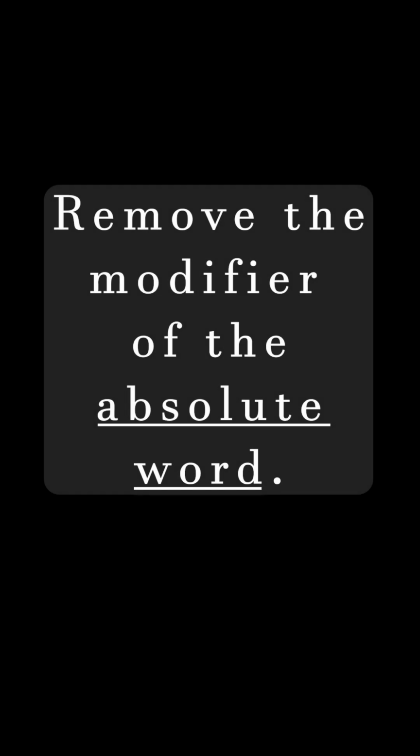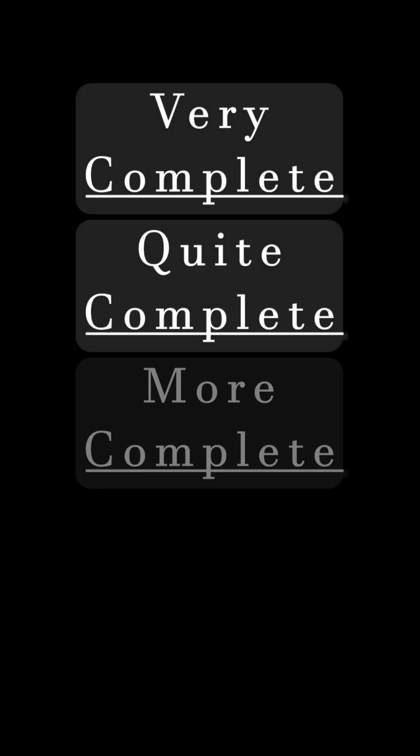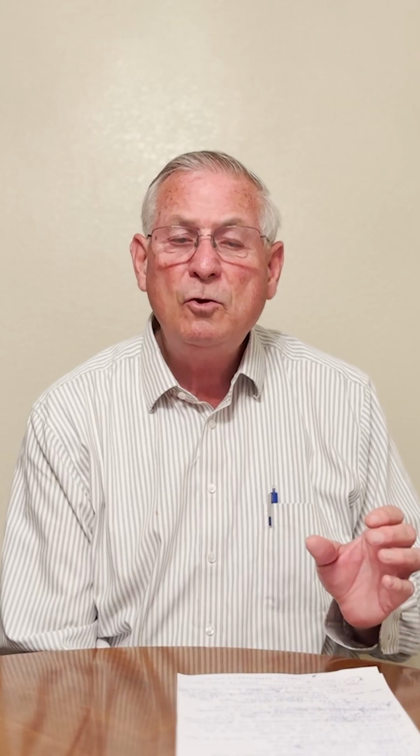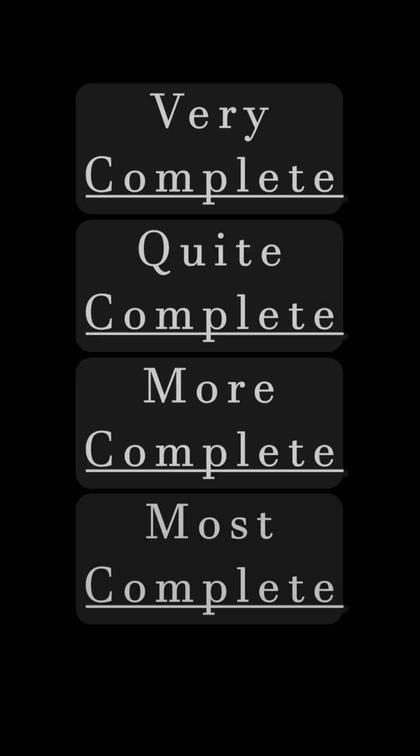You can remove the modifier of the absolute word. If you had something that was very complete or quite complete or more complete or most complete than something else, you can only have one thing that's complete in comparisons with an absolute word. So you simply remove the very, the quite, the more, the most, and make your statement an absolute statement that something is, for example, complete.